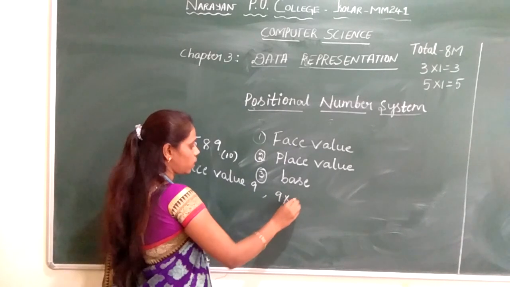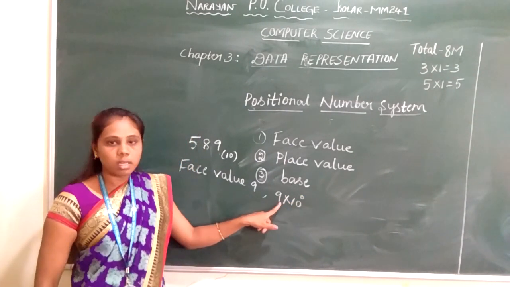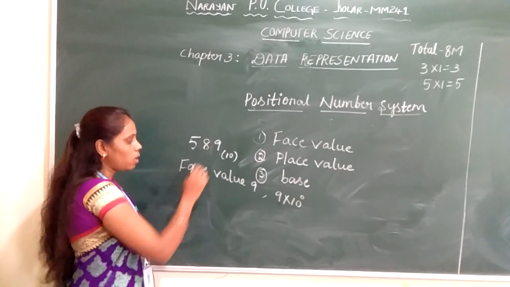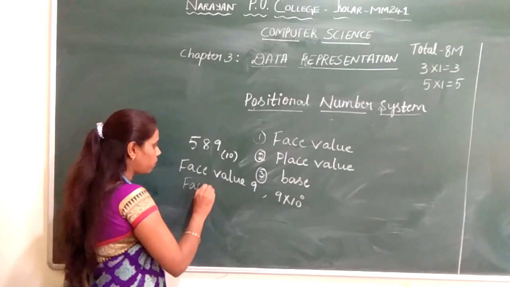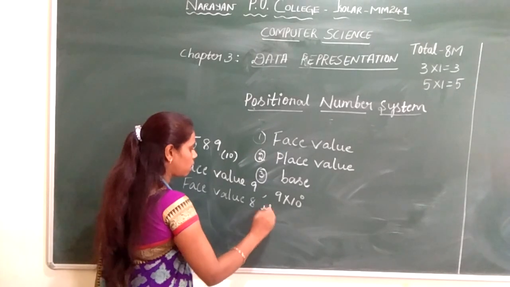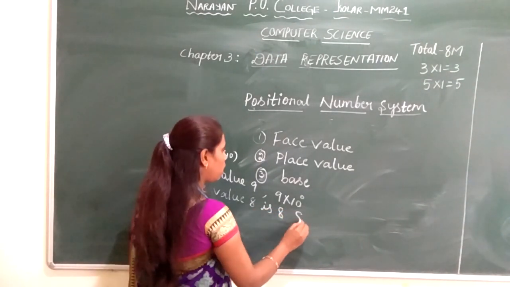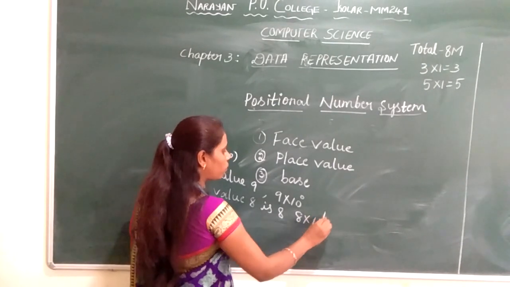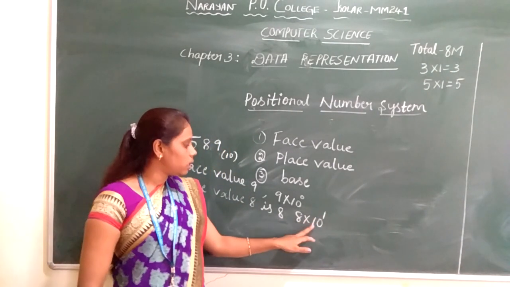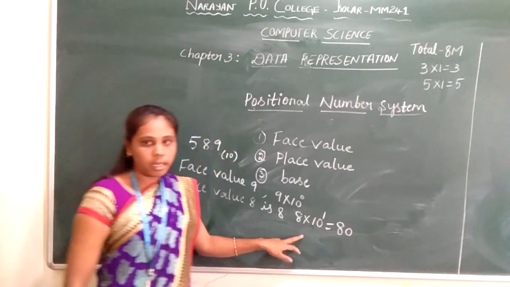Because it is present in the unit place, hence the value of 9 is 9. And the face value of 8 is 8 and it is placed in the tens place, so the power will be 1 and the place value of 8 is 80.